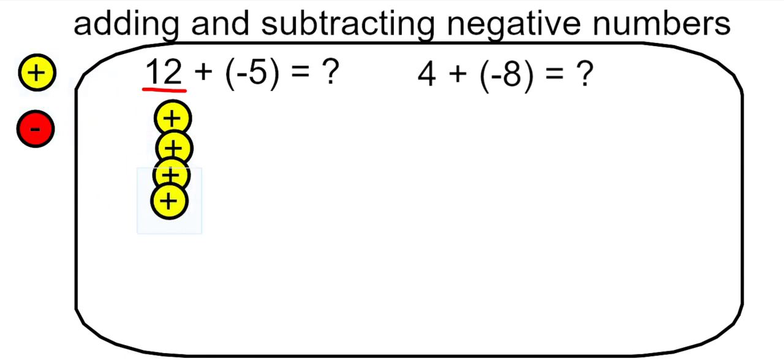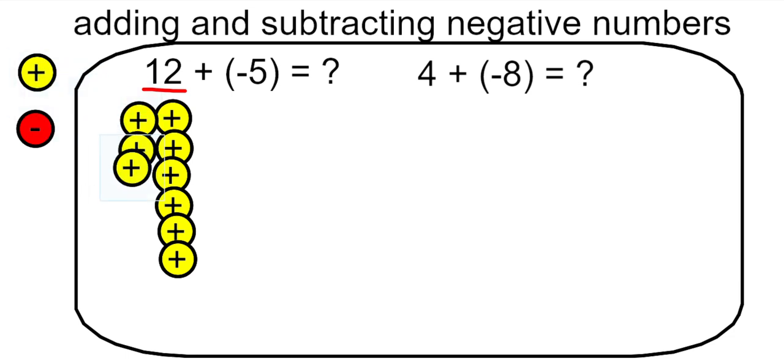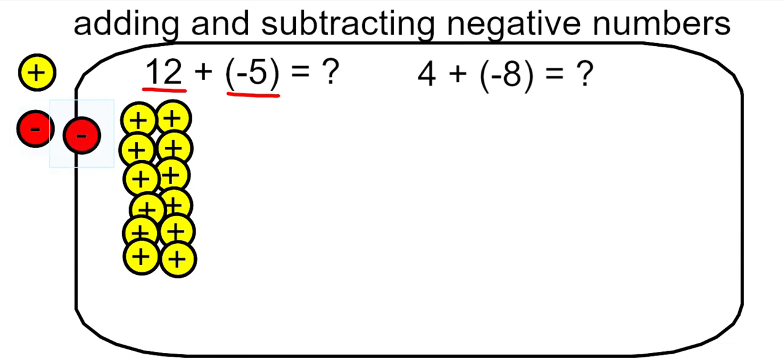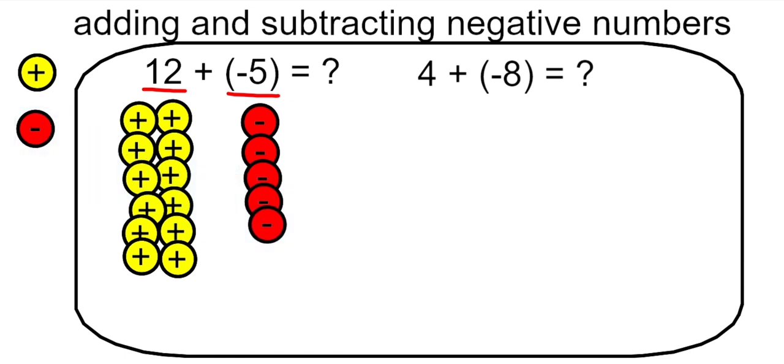So that's 1, 2, 3, 4, 5, 6, 7, 8, 9, 10, 11, and 12. But then I need to add, and that's what that plus sign means. We're adding, but what am I adding? I am adding 5 negatives, or negative 5. So I am going to take 5 negatives and group them into the same problem that I am currently working. So 1 negative, 2, 3, 4, and 5 negatives.